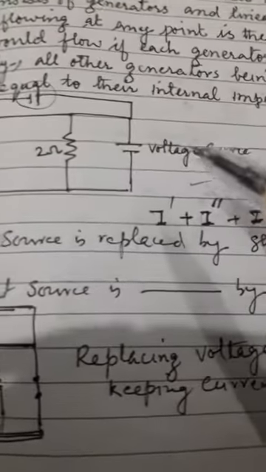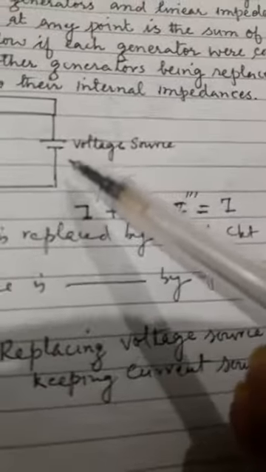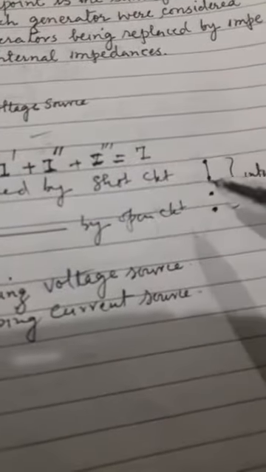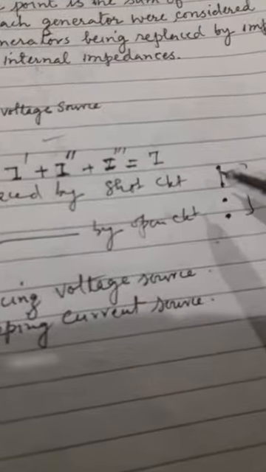Dear students, when you replace a voltage source with its internal resistance, you have to show it by a short circuit. This is the sign of short circuit. This type you will show here.